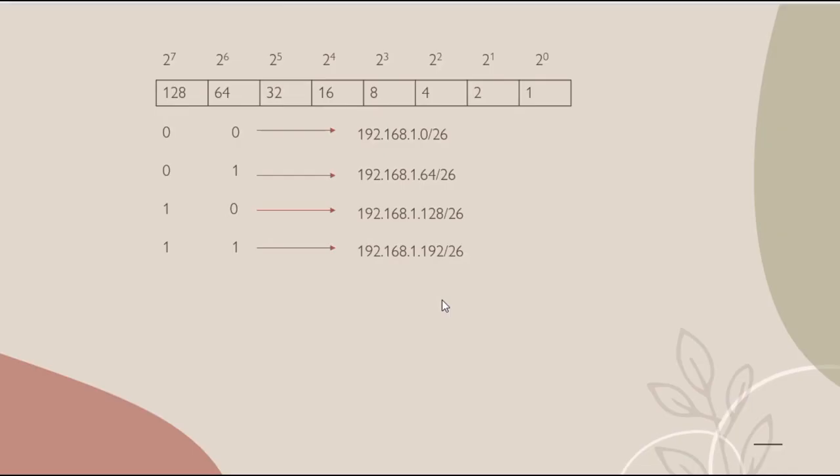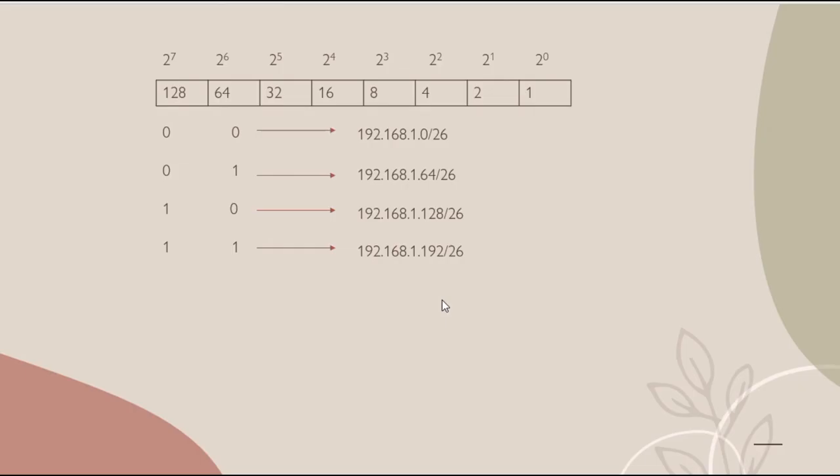And I do the binary to decimal conversion, starting from the rightmost end with the place values, and finally I consider all the positive values in the bits. For 00, there is no positive value, so the IP address is 192.168.1.0/26. It is allocated for the first subnet.